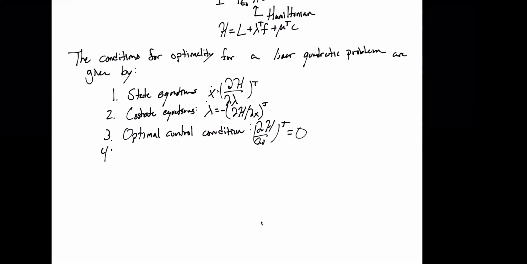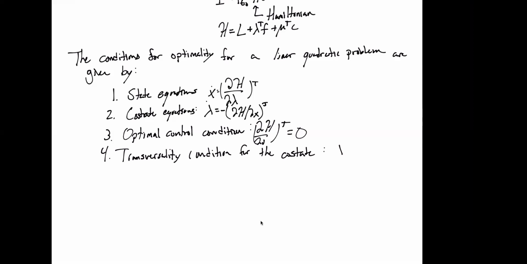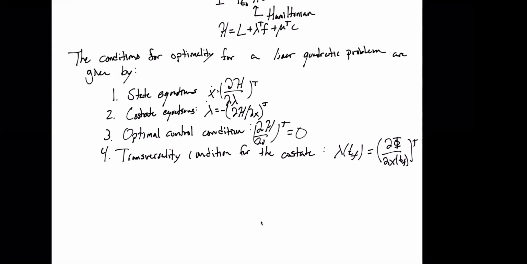And then lastly, we get what's called the transversality condition on the costate, which amounts to a boundary condition where the final value of lambda is equal to the partial of phi with respect to x at the final state.